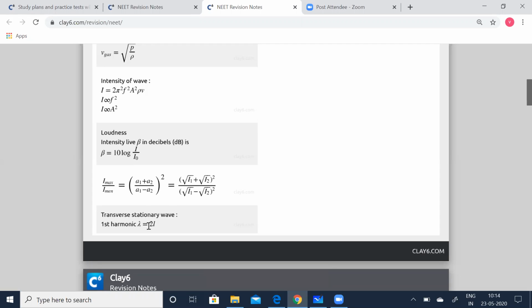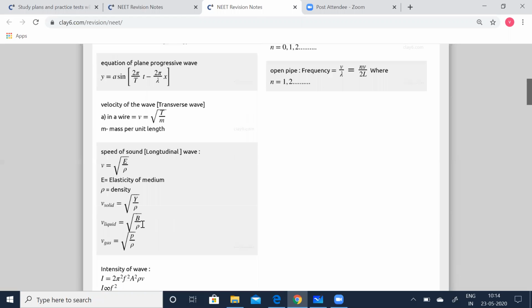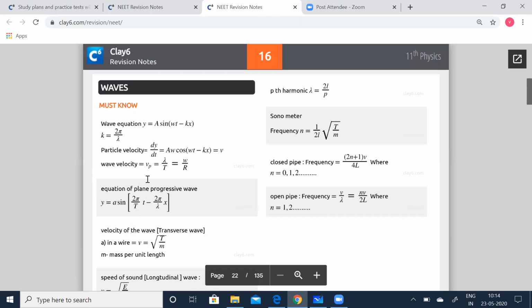Transverse stationary waves. First harmonic wave, lambda is equal to 2L, and pth harmonic wave, lambda is equal to 2L by p.